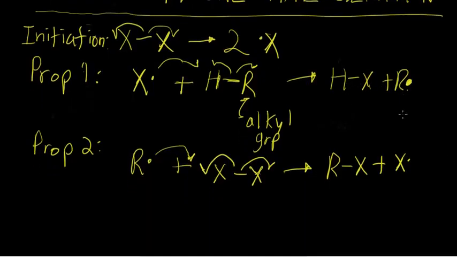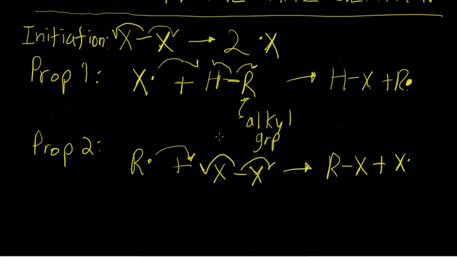And what you'll immediately notice here is that the radicals furnished in propagation steps 1 and 2 are each used in the other propagation steps. So this halogen radical furnished in propagation step 2 is used in propagation step 1, and the alkyl radical furnished in propagation step 1 is used in propagation step 2.